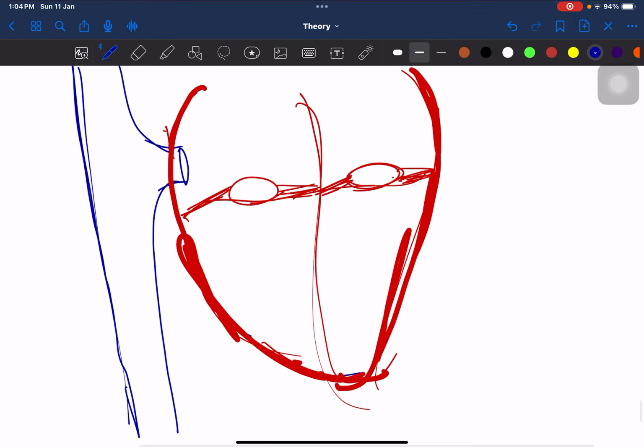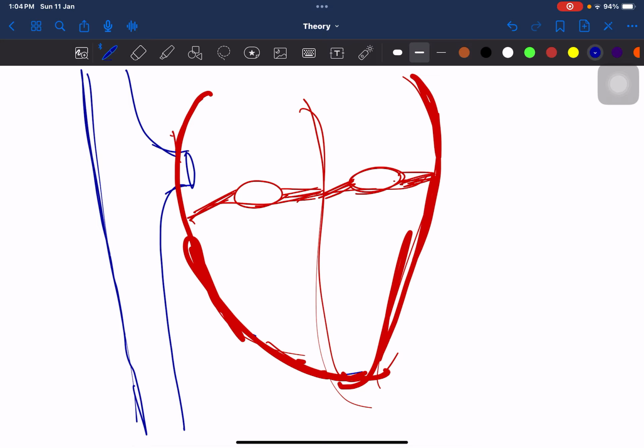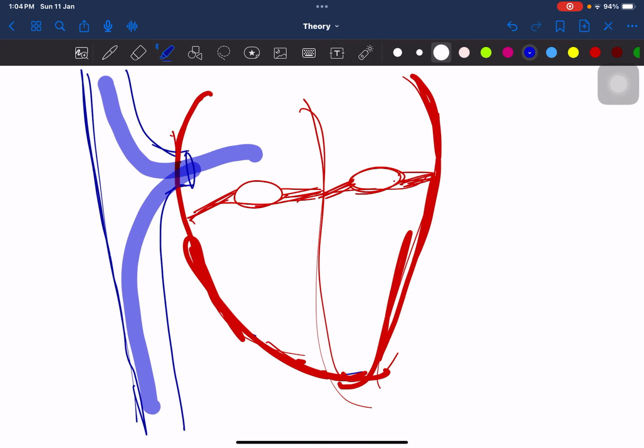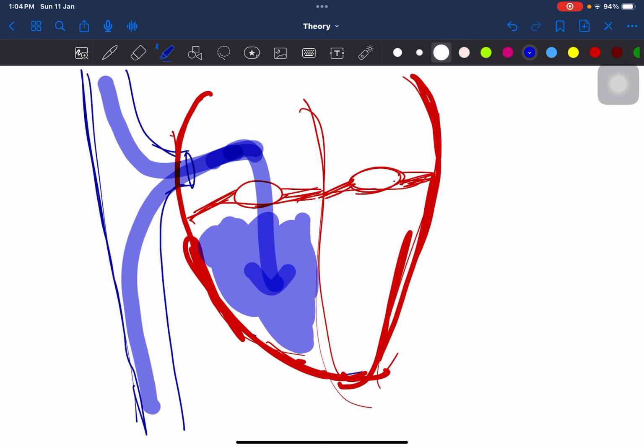So let's see here. Normally the blood returns to the right atrium, then to the right ventricle. Then what happens? The pump has failed. So there is no contraction of the heart and no ejection of this blood into the pulmonary circulation.